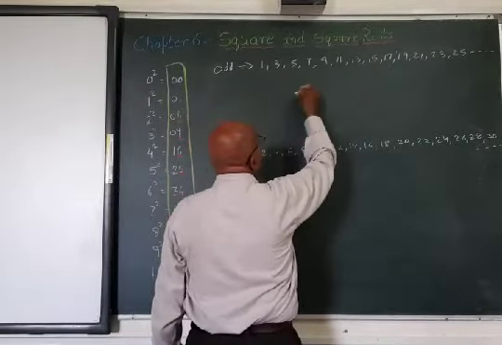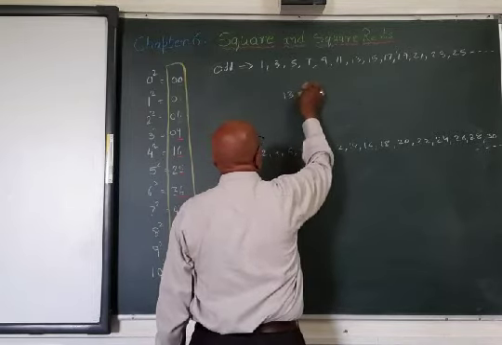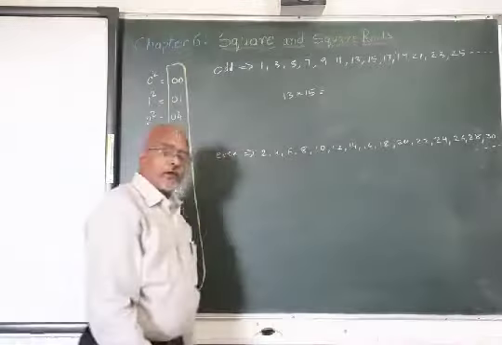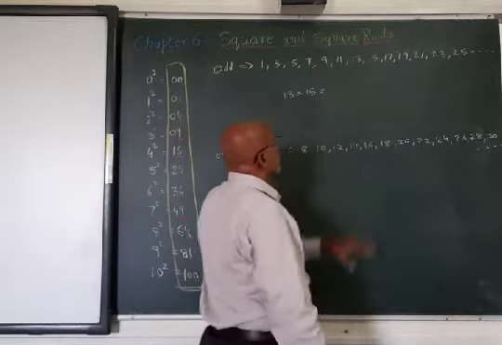Now if I take 13 and 15, 13 multiplied by 15, what is the result? See, these 13 and 15 are consecutive odd numbers.